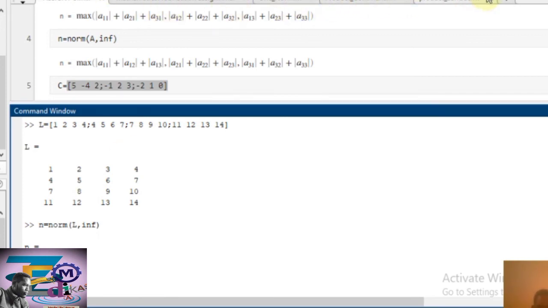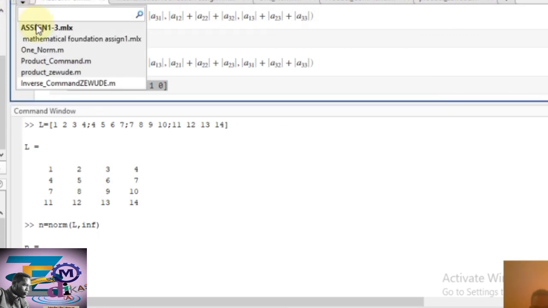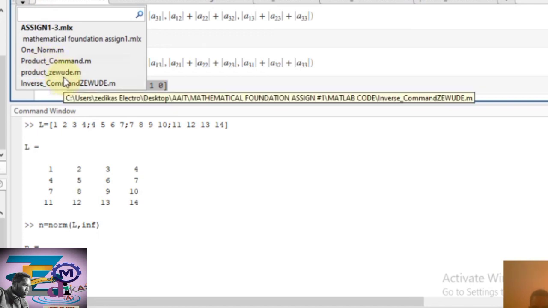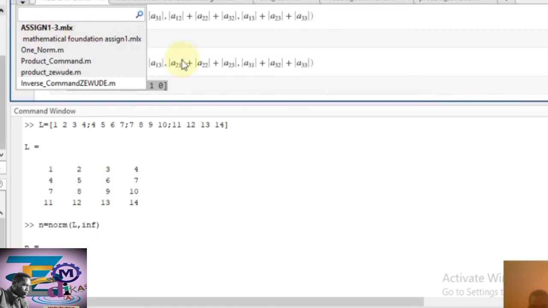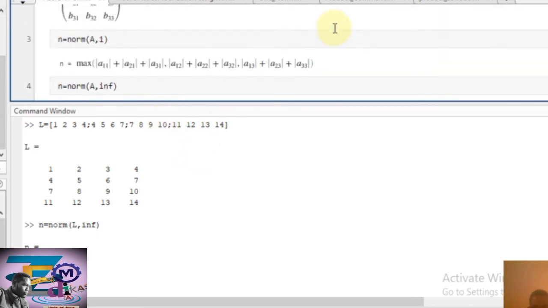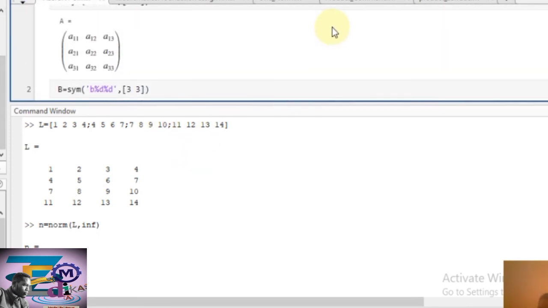The same is true if you need some kind of algorithm here. The one norm is also available, and also the infinity norm. You need to write the code according to the program.